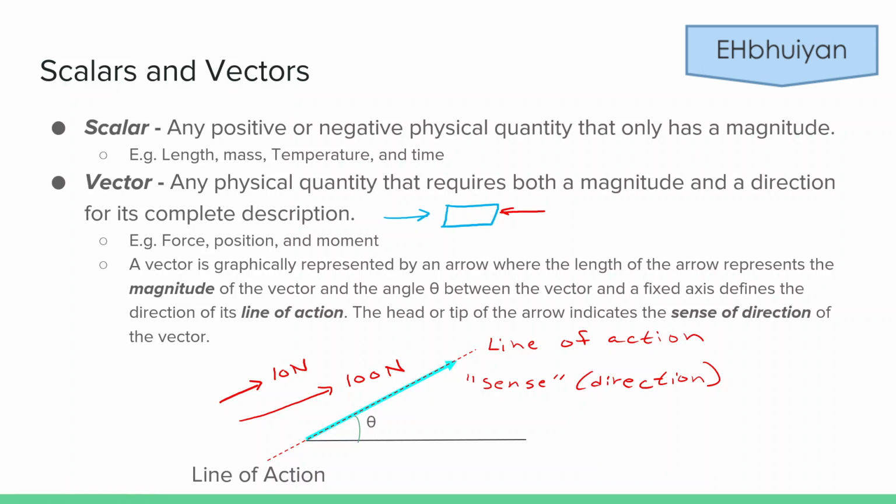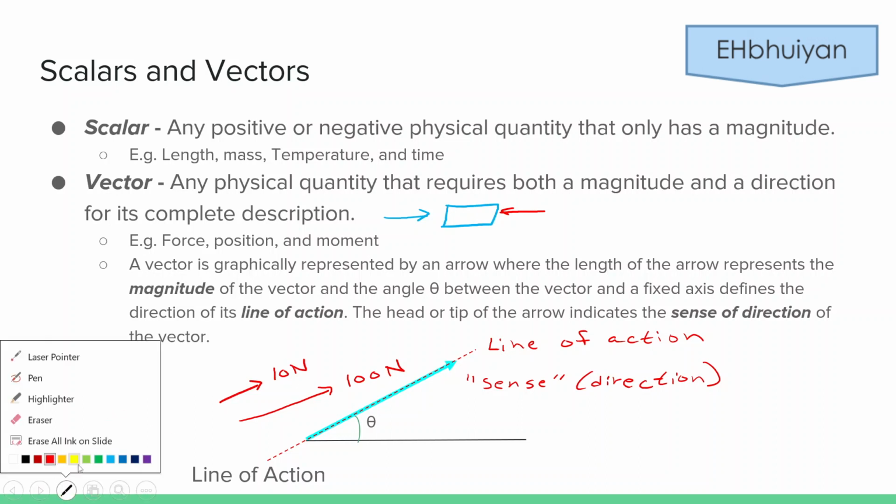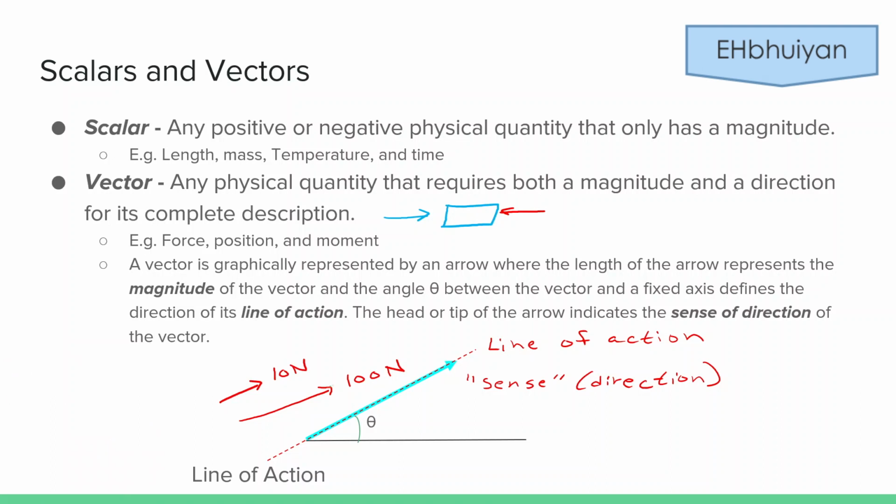The angle between the vector and a fixed axis, such as the x-axis or the y-axis, defines the angle of the line of action.